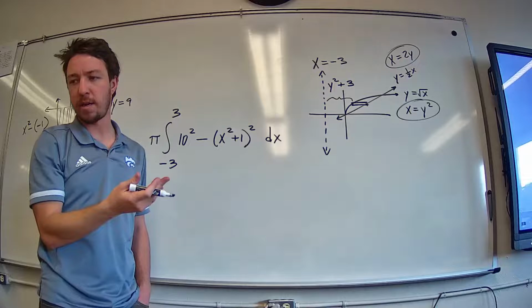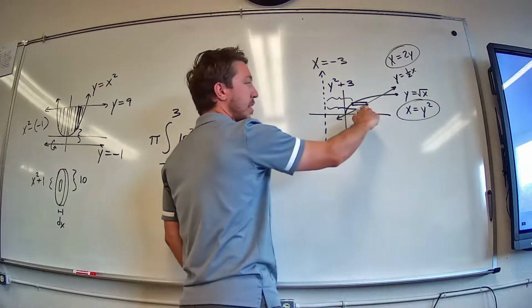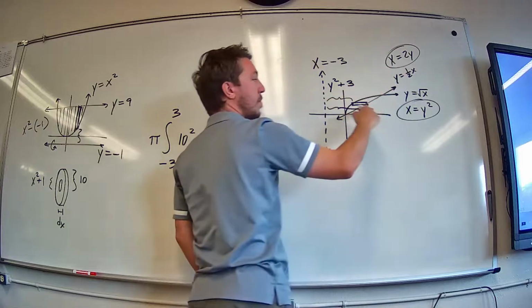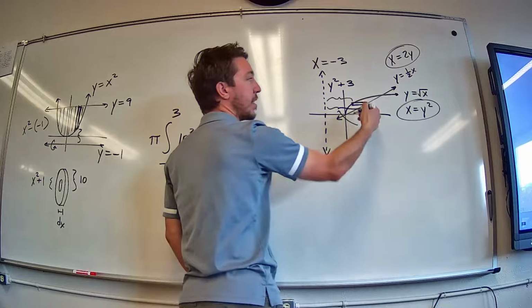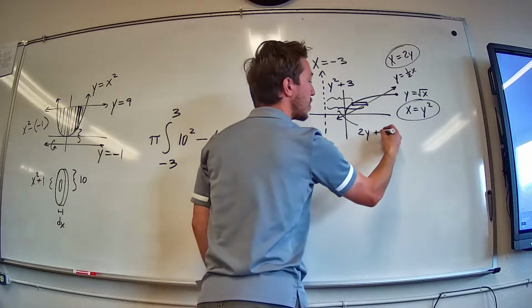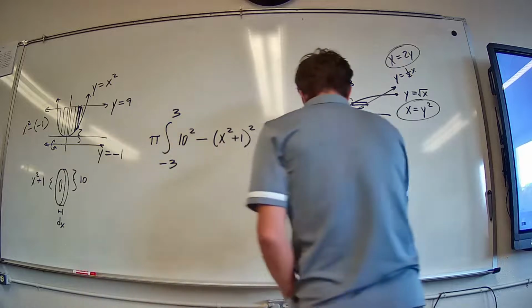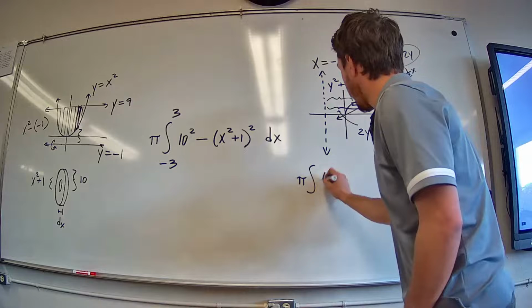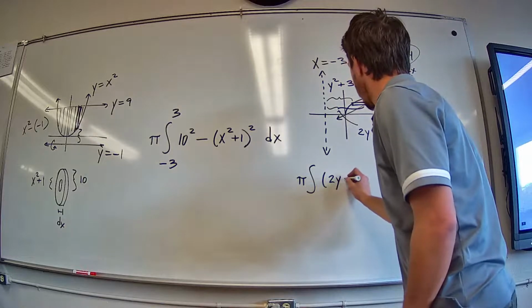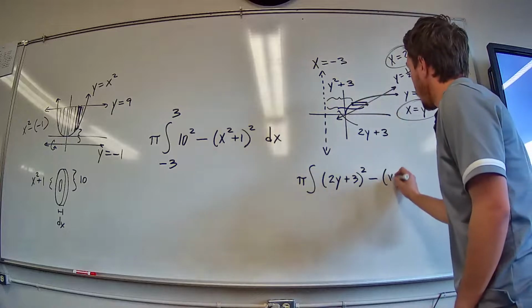That's my inner radius, right? What's my outer radius? It's this x value minus -3. Sorry, I'm getting kind of cluttered here, but this outer radius is 2y plus 3. So my integral is pi times big R squared minus little r squared.